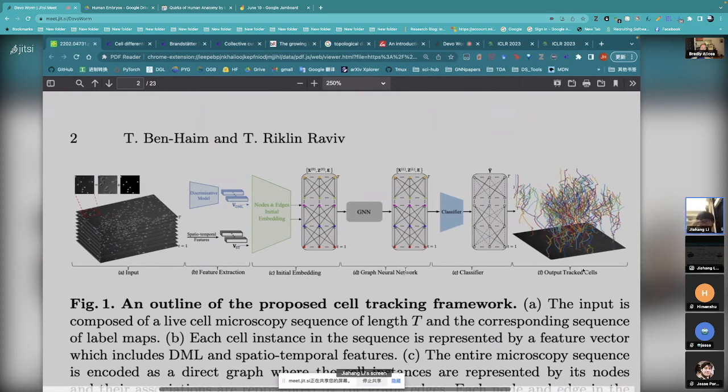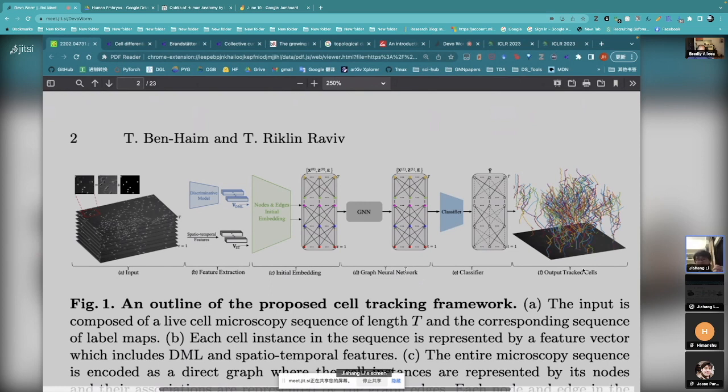Actually, you will find that in this paper, the authors propose a way to construct a graph structure, or we can say a network structure, based on the microscopy video. And there are many other papers that also adopt this idea.